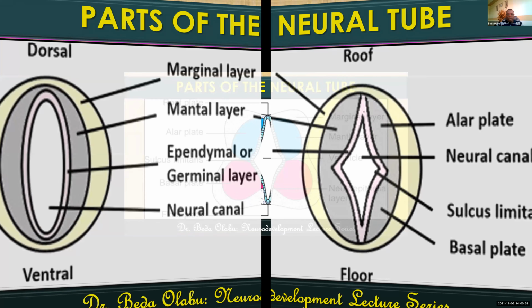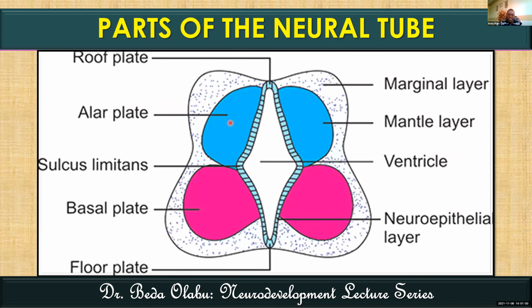Maybe this other image will be better in illustrating that concept. So look at that segmentation of the cord, or rather segmentation of the neural tube. This actually happens whether you are at the level of the spinal cord or at the level of the brain stem. It's the same concept: the mantle layer segments into two thickenings.